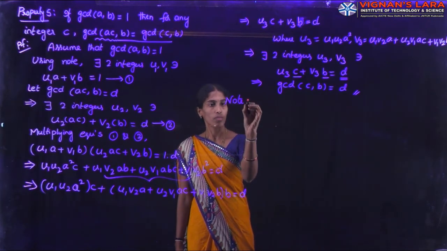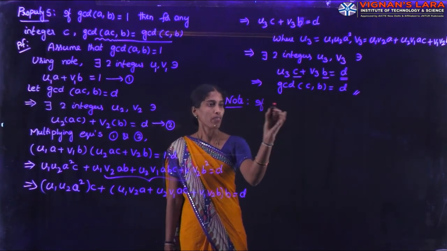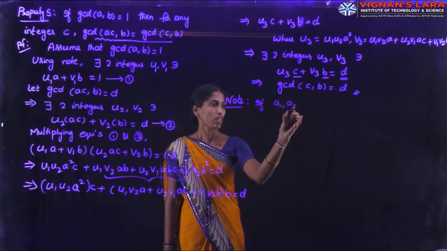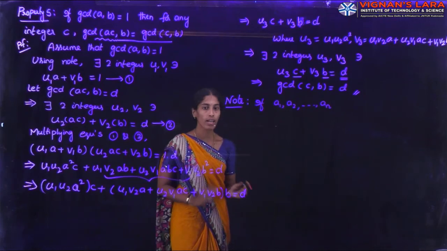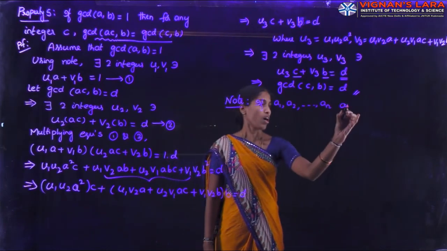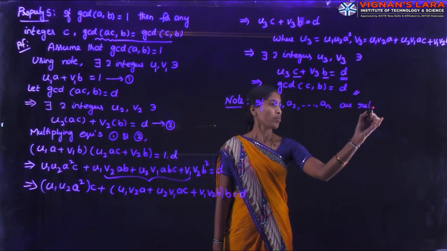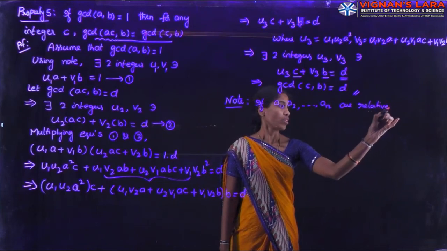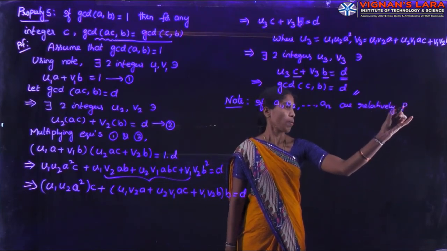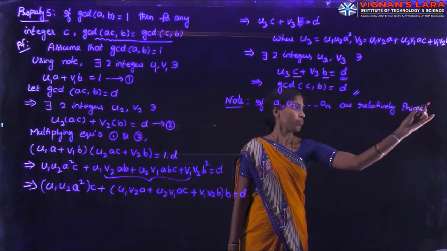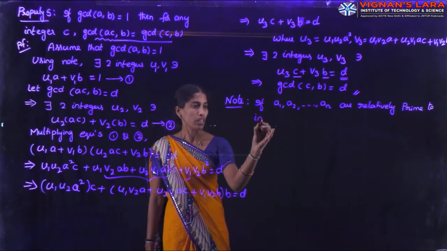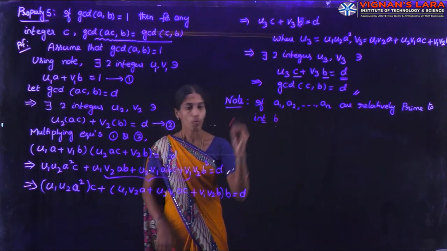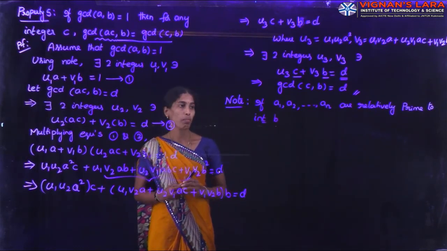Next note, if a1, a2 and so on an, all these are integers, are relatively prime to integer b. What is the meaning of relatively prime?